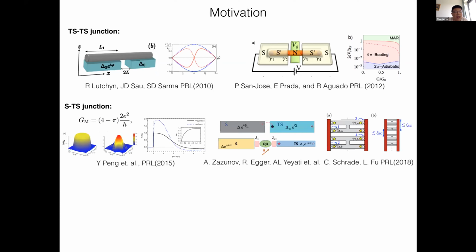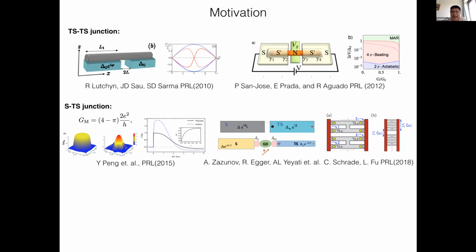People have also considered junctions between a conventional and a topological superconductor. You can either look for signatures in the IV curves in a non-equilibrium system with bias voltage in the conventional superconducting lead, or you can look for the DC Josephson current signatures in the same STS devices.